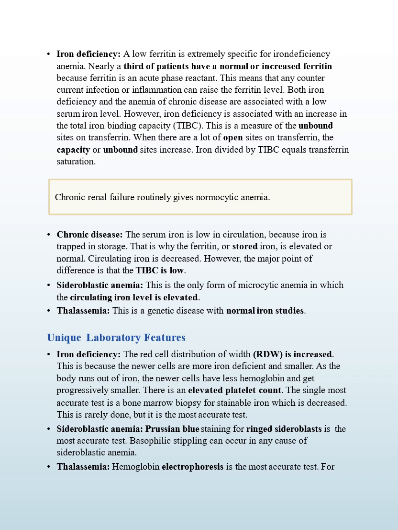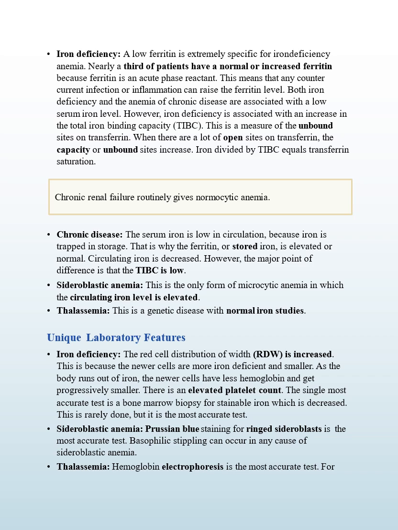Number two, if we have sideroblastic anemia, what we do is Prussian blue staining, and we're looking for ring sideroblasts, and this is the most accurate test. Basophilic stippling can occur in any cause of sideroblastic anemia.